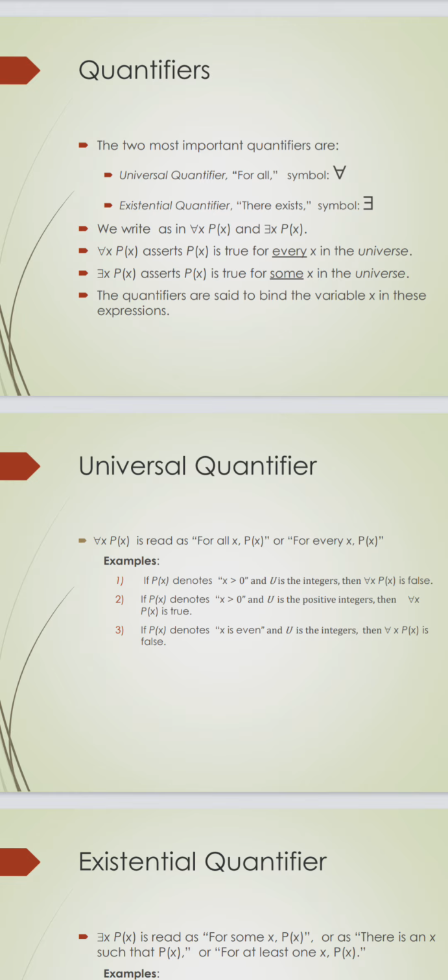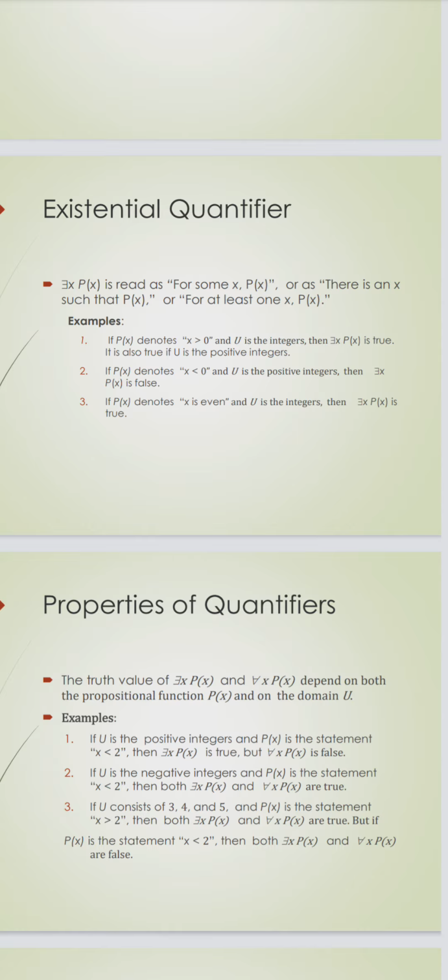If P of x denotes x greater than 0 and U is the positive integers, then for all x P of x is a true statement. If P of x denotes x is even and U is the integers, then for all x P of x is false.